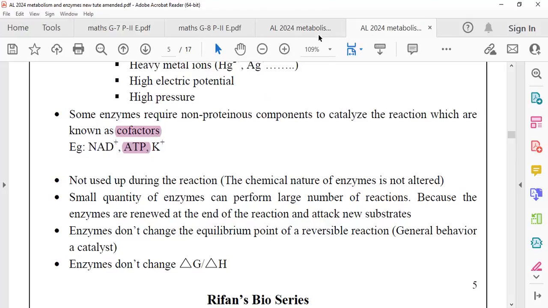Can you remember FAD? Yes. NADP plus. Like examples, you have to include. Okay. And who do you have to exclude? ATP. ATP truly can work as a cofactor, but our syllabus doesn't take ATP as a cofactor.